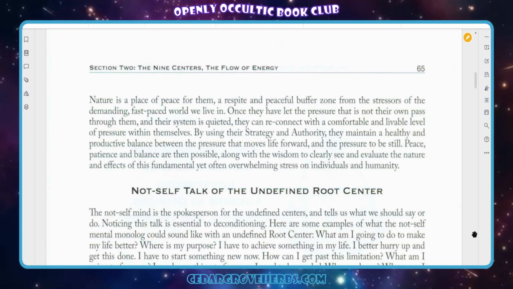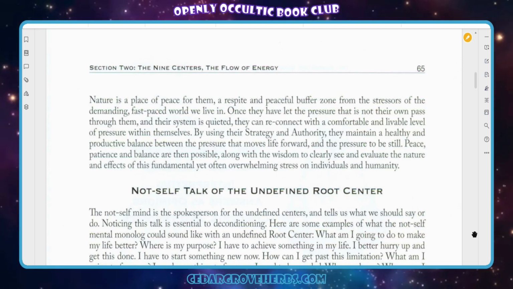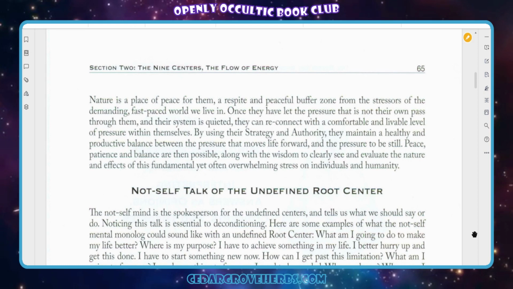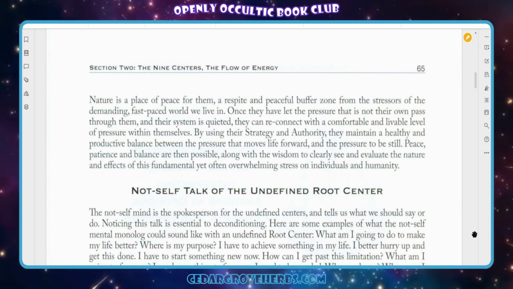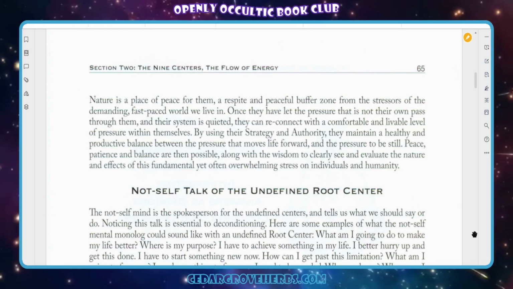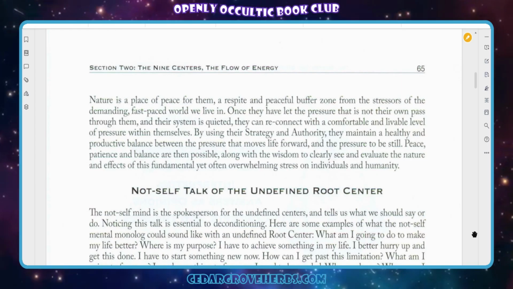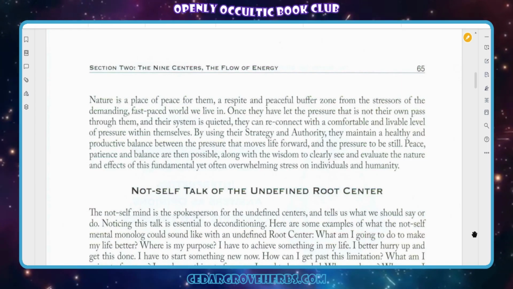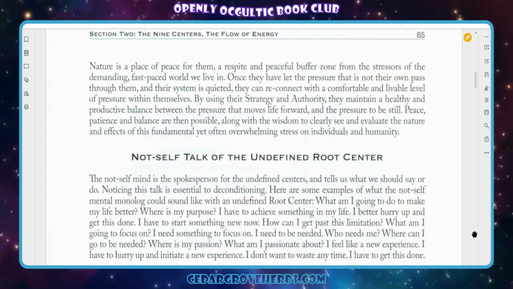By using their strategy and authority, they maintain a healthy and productive balance between the pressure that moves life forward and the pressure to be still. Peace, patience, and balance are then possible, along with the wisdom to clearly see and evaluate the nature and effects of this fundamental yet often overwhelming stress on individuals and humanity.